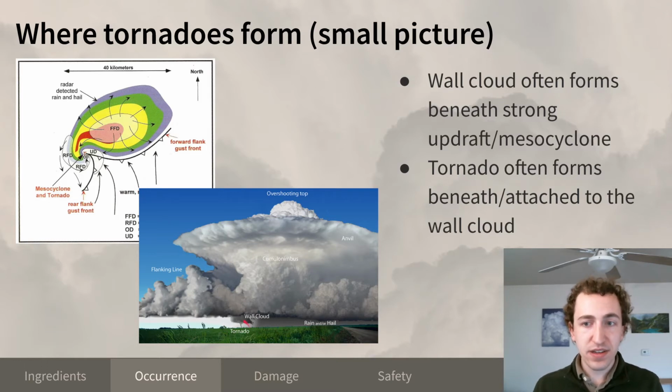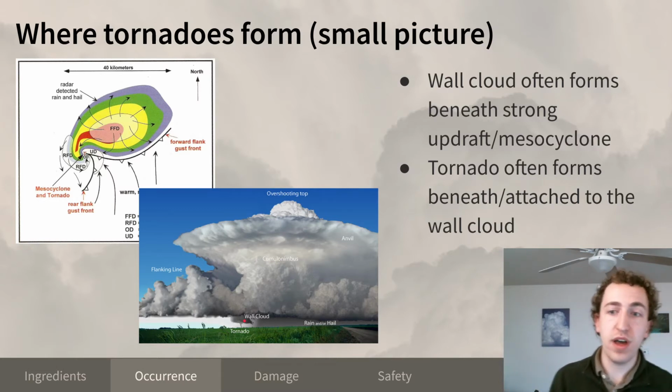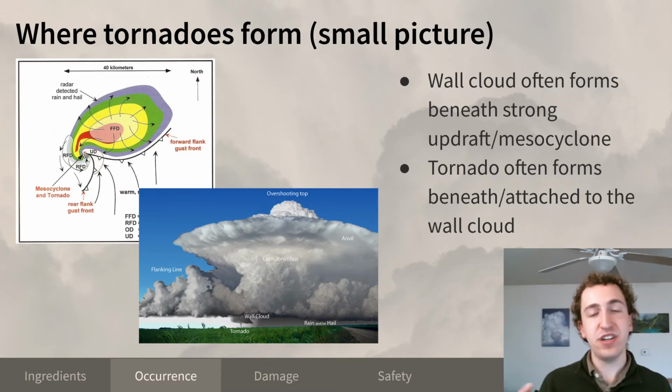And because of the intense dynamics going on here, we tend to get a lowering, what we call a wall cloud, where we start getting condensation in this updraft area below the rain-free base area of the supercell.